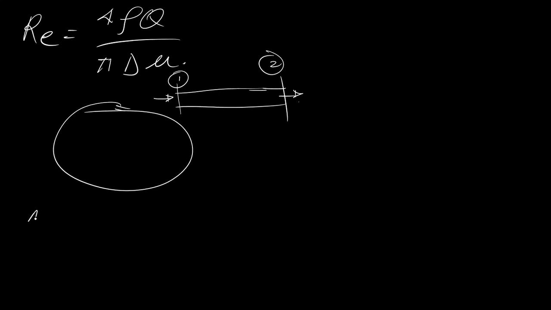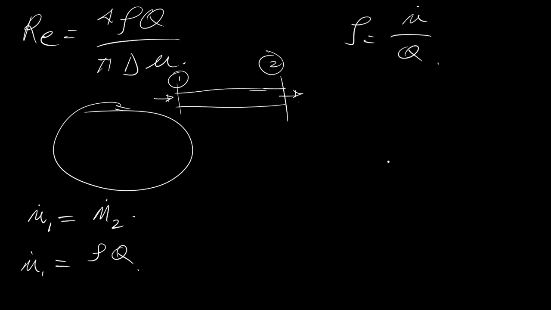So that means the mass flow rate for section 1 is equal to the mass flow rate for section 2. And the mass flow rate is equal to density times flow rate, or we say density is equal to the mass flow rate divided by the flow rate, which if you rearrange, you now see that the mass flow rate is equal to density times the volume flow rate.